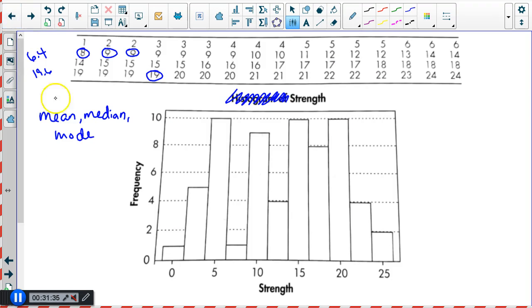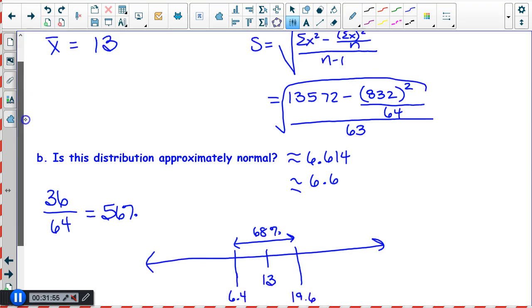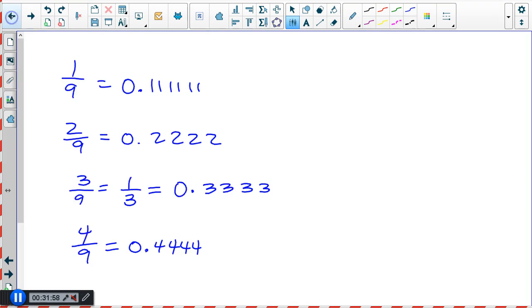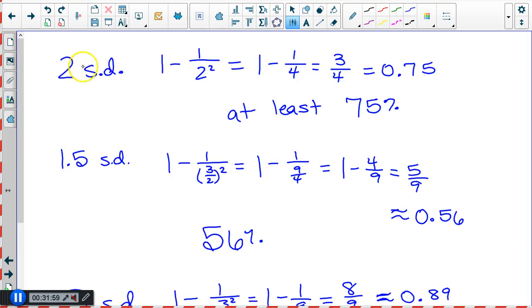So 1, compare the mean, median, and mode. 2, make a histogram. Look at it, right? 3, actually use your mean and standard deviation to determine if it's normal or not. Because if it's not normal, we have to use which rule? Chebyshev, right? So Chebyshev says that how much of the data should be within 2? 75%.